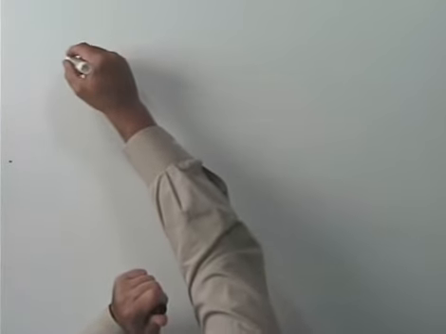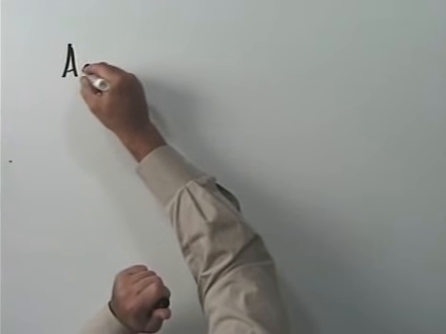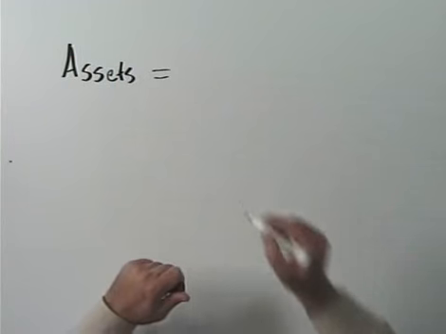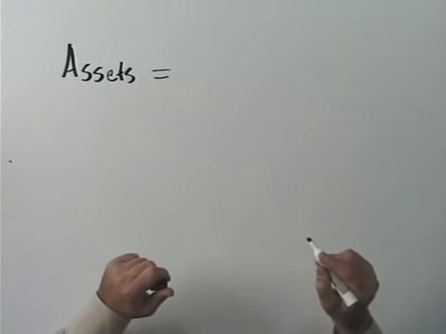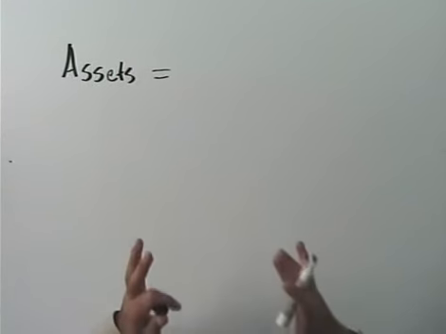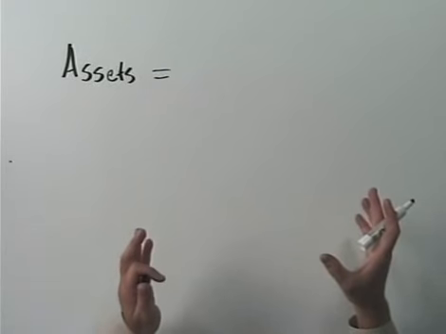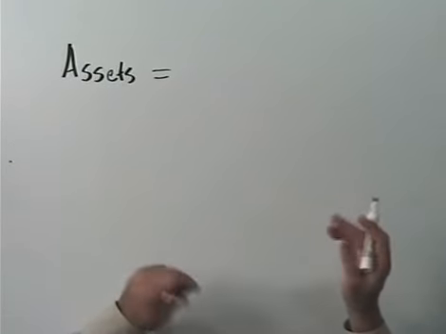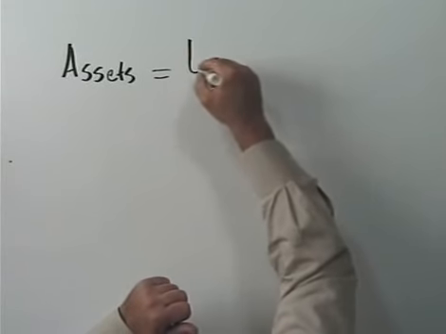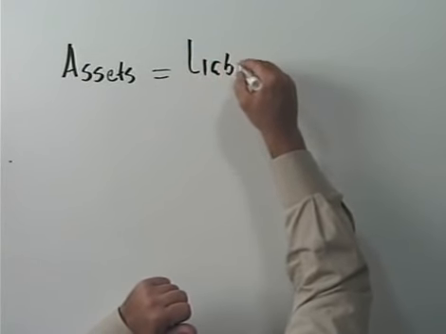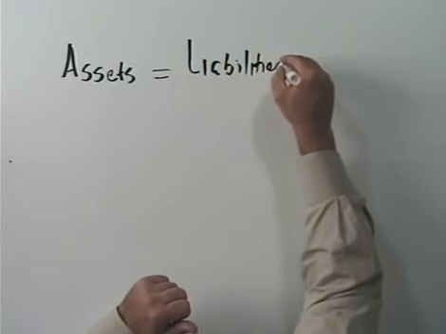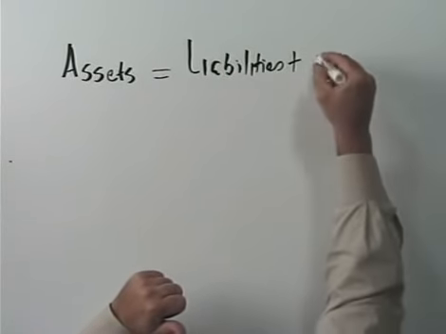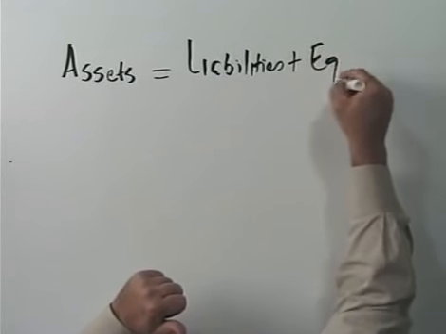In other words, the assets that a company has at any given point in time are obtained either from money that the owners have put into the company or from money that they've borrowed from outsiders. The money they borrow from outsiders is what we call liabilities. The investment of the owners in the company is what we call the equity.